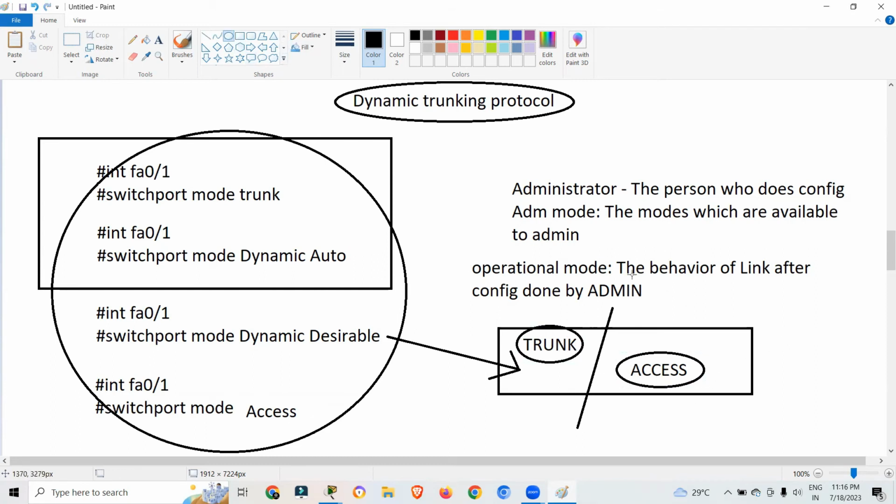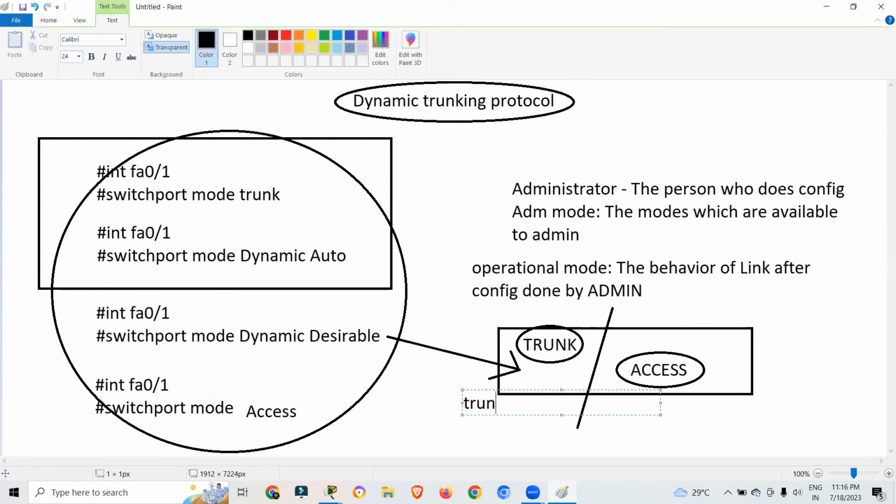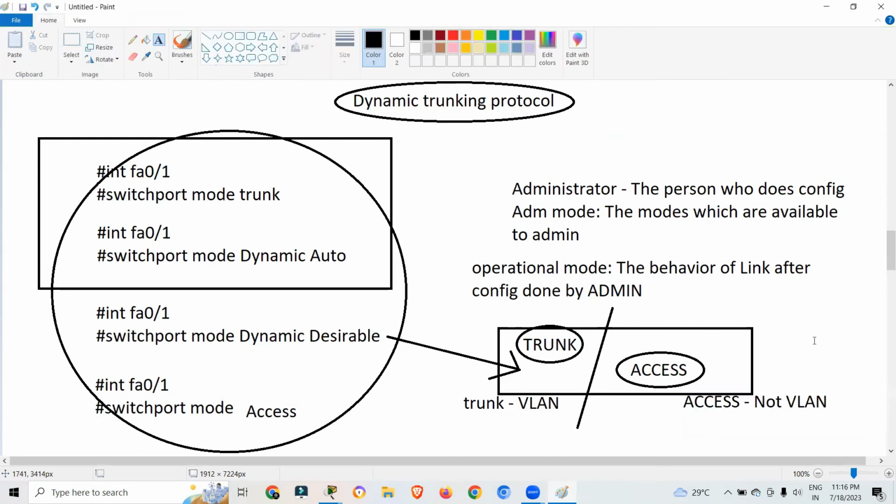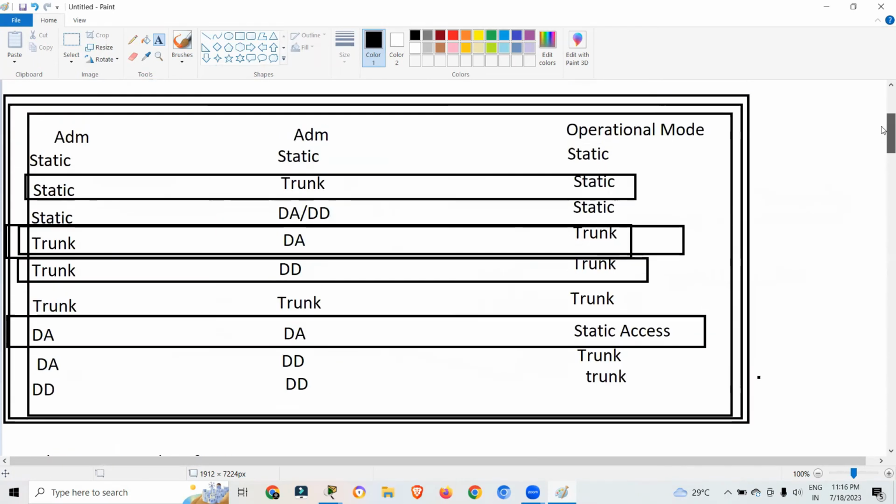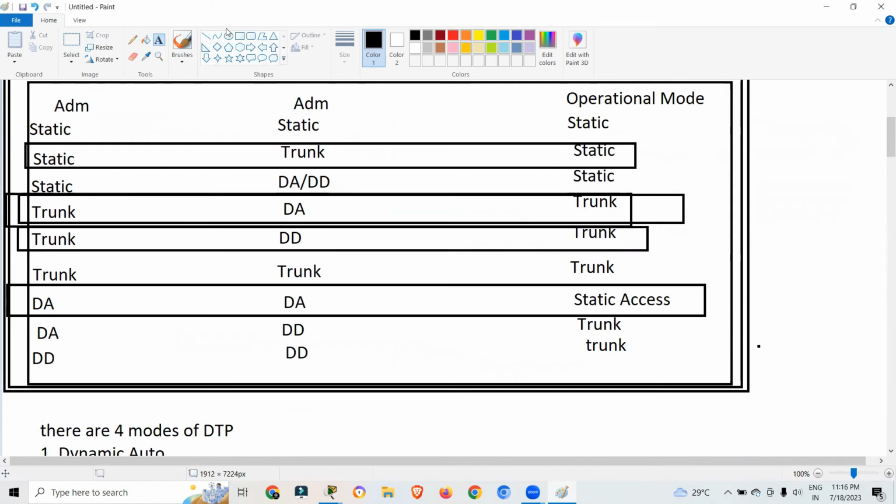Trunk link, between 2 or more switches, will forward the VLAN information, but access will not forward the VLAN information. If there is a change in administrative mode, there will automatically be a change in operational mode. So operational mode can be changed by changing the administrative mode.